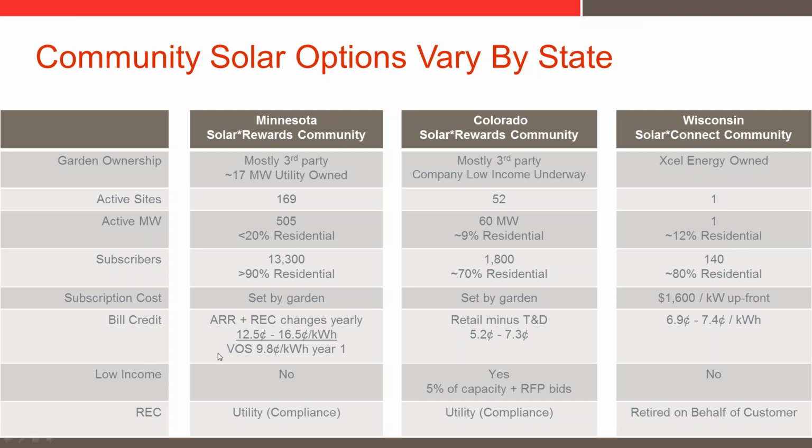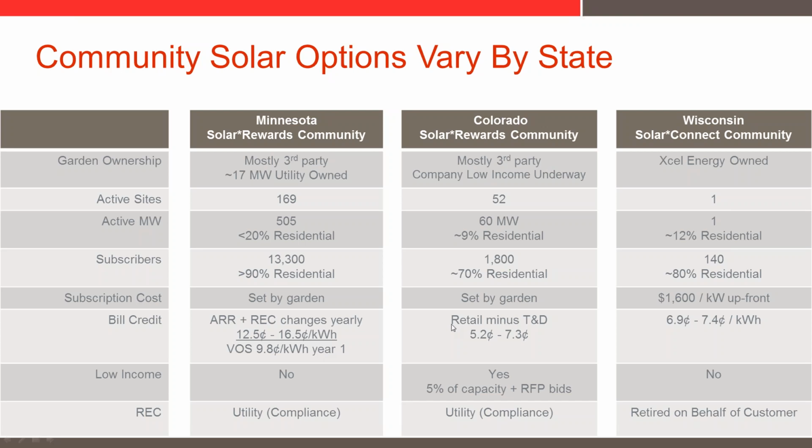We're currently in a market where new gardens get the value of solar, which is a little lower than the applicable retail rate bill credit, which also had a REC adder to it. So it just depends on what year the garden application was completed. That locks in their bill credit vintage for the life of the garden.